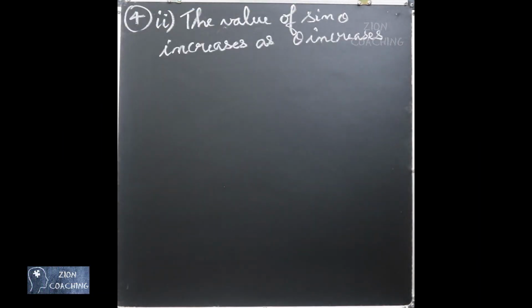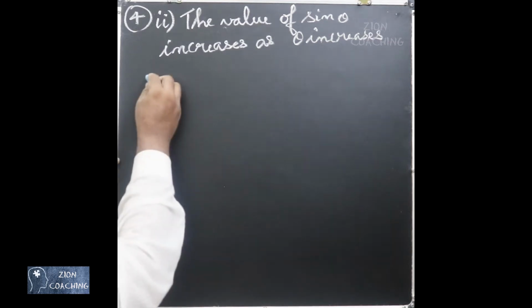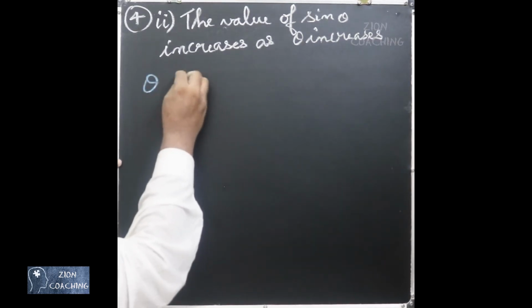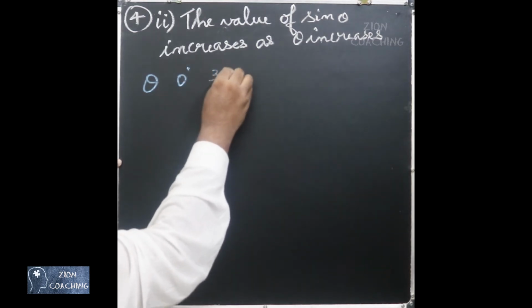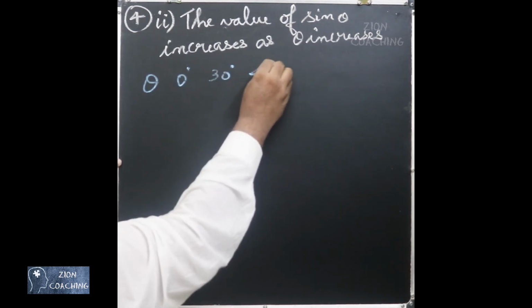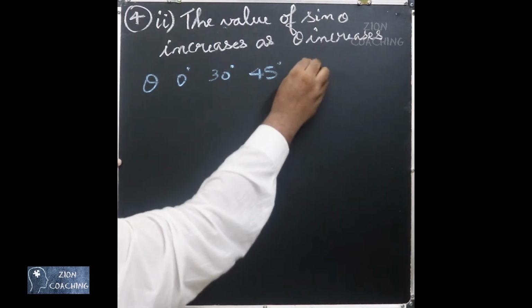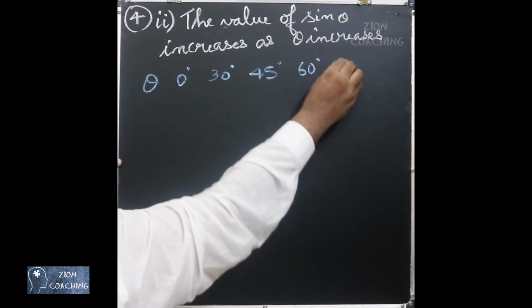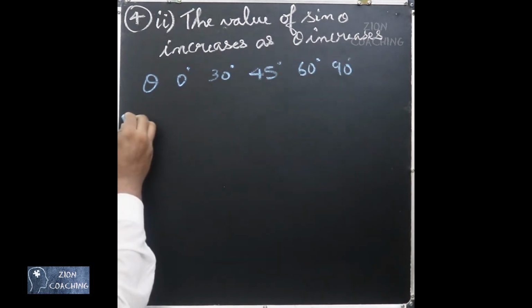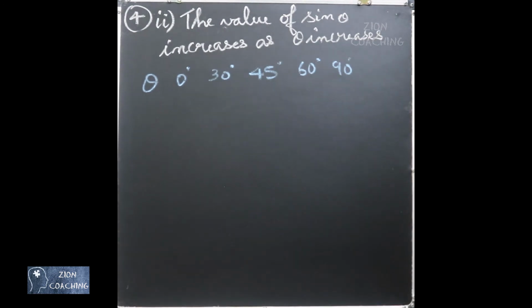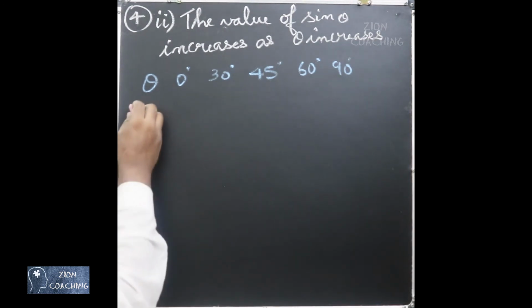Second subdivision, they have given the value of sin theta increases as theta increases. We are going to write all the angles. Theta value 0 degree, 30 degree, 45 degree, 60 degree, 90 degree. Now we are going to write the corresponding sin theta value.